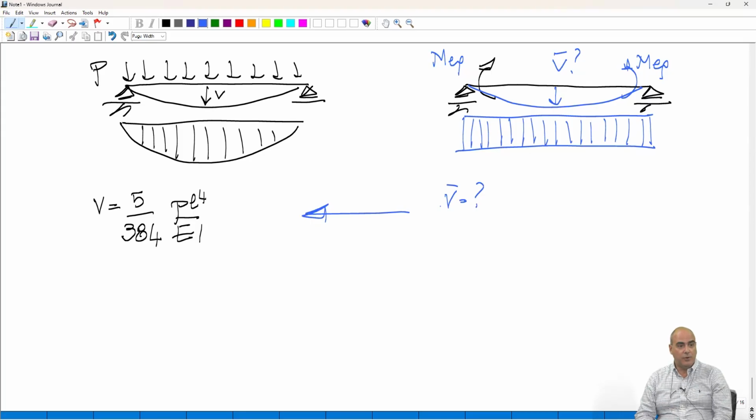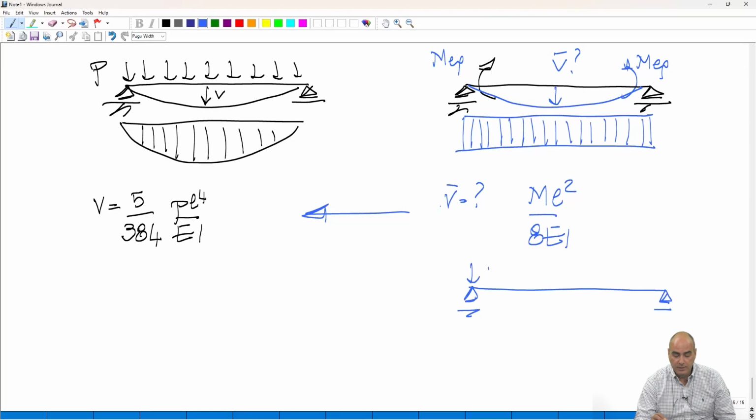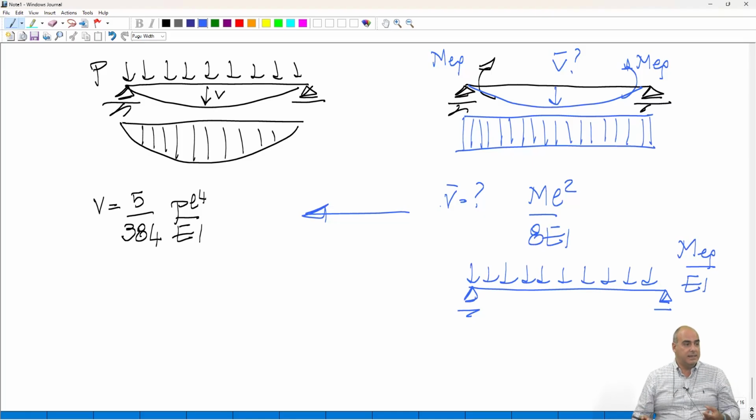Can you calculate the deflection for this beam? M L square, yeah, L square by 8 EJ. Because what do you do? You apply a load, and this load is equal to the M equivalent divided by EJ. And the displacement by the Mohr analogy is the maximum bending, so L square by 8.